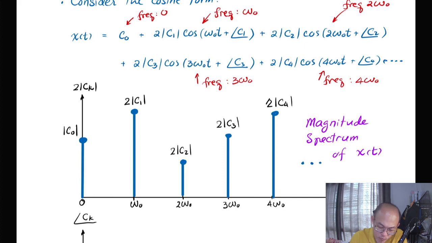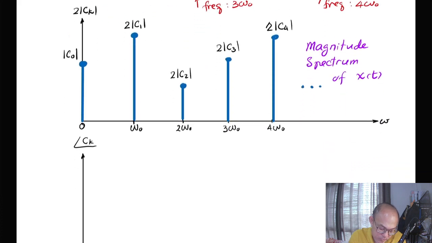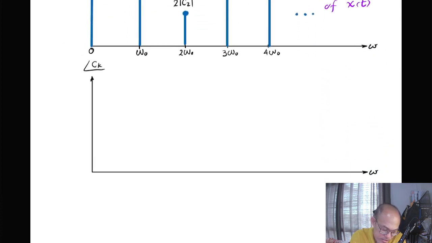In other words, we plot the amplitude of the cosine at each frequency. So you have to find ck first, right, to be able to plot this. Also, we need to use the phase information at each frequency.